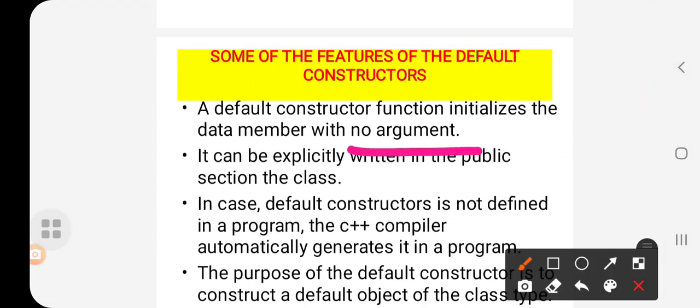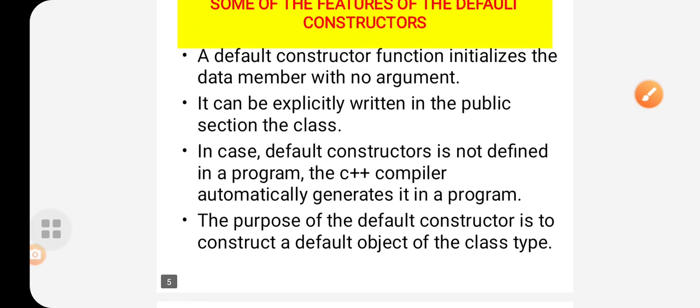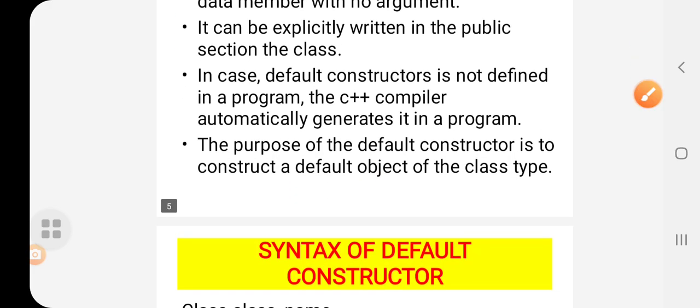It should not have any argument, it should be explicitly written in the public section, and if absent it is automatically generated by the C++ compiler in the program. The purpose of the default constructor is to construct a default object of the class.